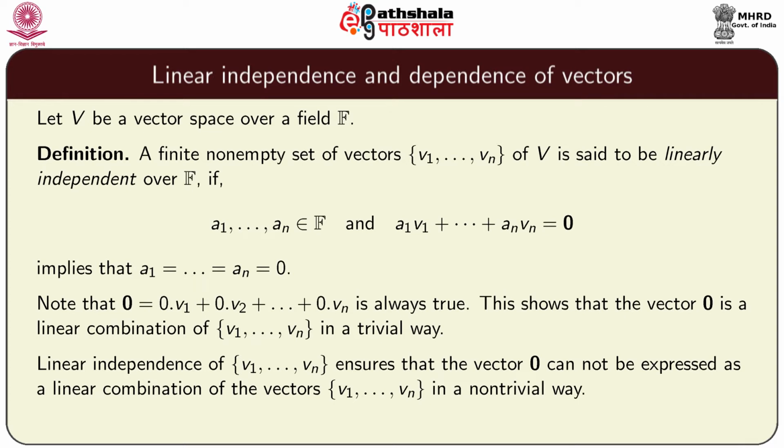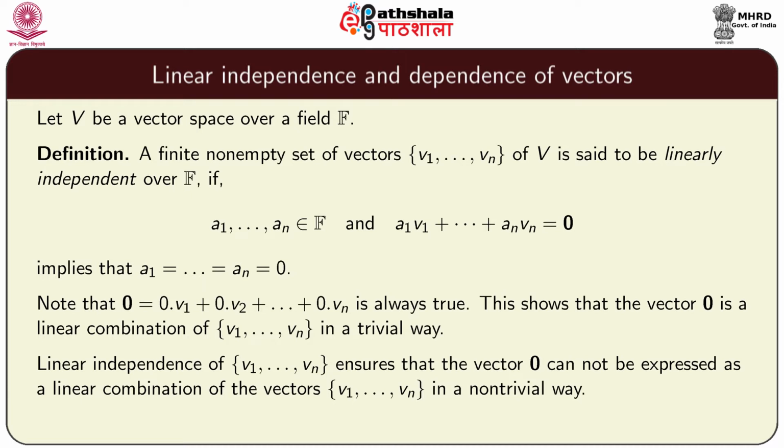Suppose that V1, V2, ..., Vn is a finite non-empty set of vectors of V. Now, we say that it is linearly independent over the field F if a1, a2, ..., an are scalars from the field F, and if the linear combination a1 V1 plus a2 V2 etc. up to an Vn is the 0 vector, then the scalars a1, a2, ..., an must be all 0.